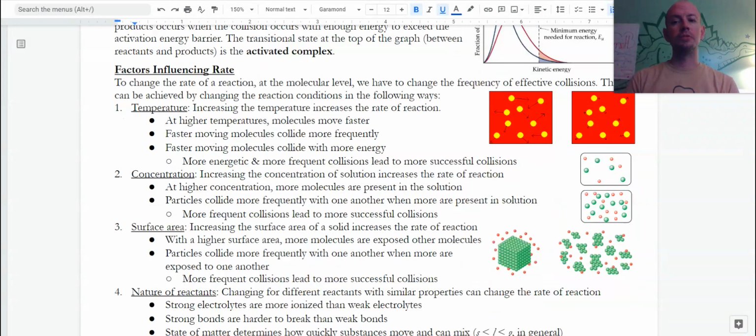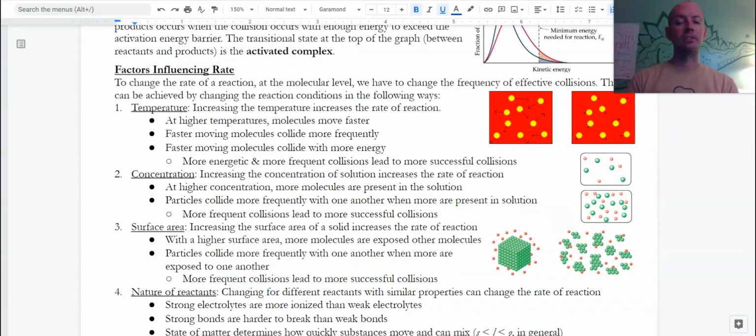We can also change the concentration. Concentration is the main factor we're looking at in measuring the reaction rate over time. But if we wanted it to be consumed faster, we could impact the concentration ourselves. Putting a higher concentration in increases the rate. This would be a high concentration, a lot of particles per unit volume, versus a low concentration.